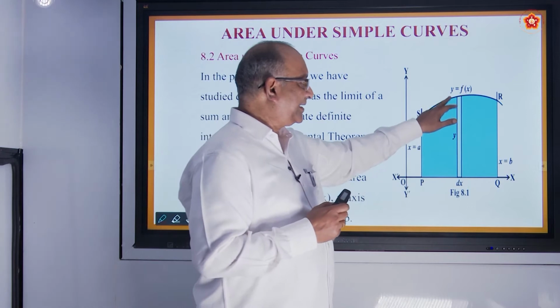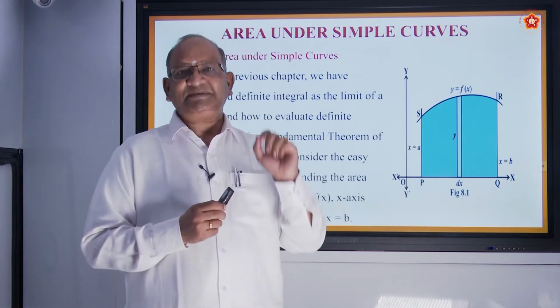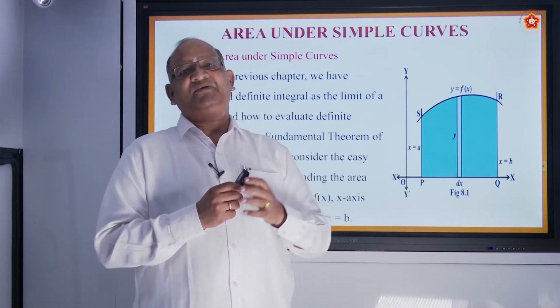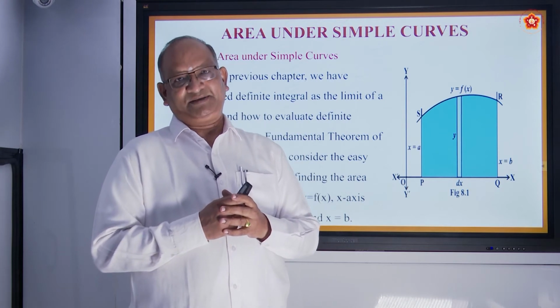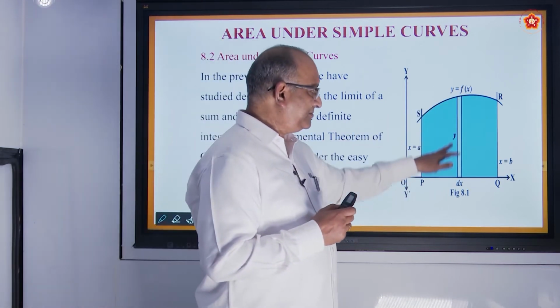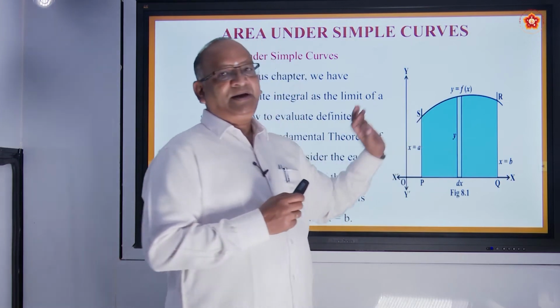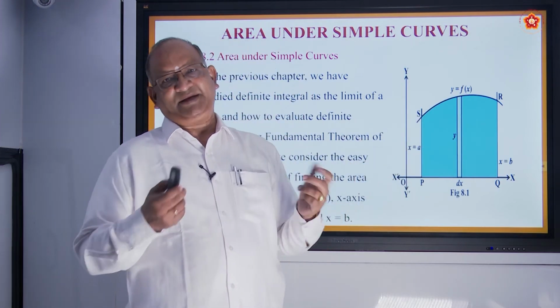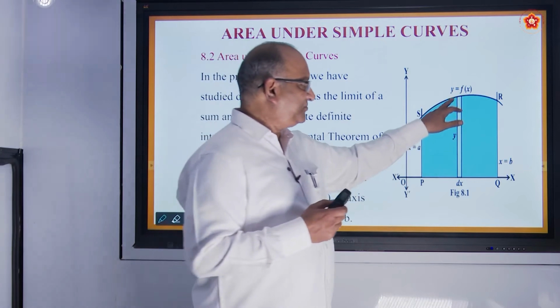It becomes like a rectangle, and if it becomes a rectangle, we know the area of a rectangle, length into width. What is the length here? We are taking it as y.